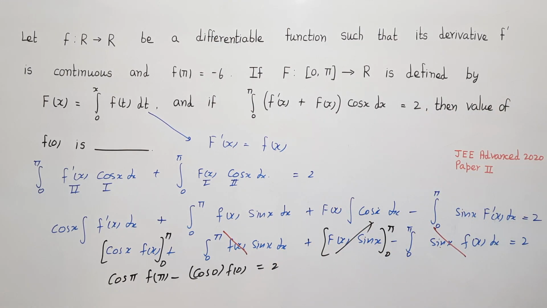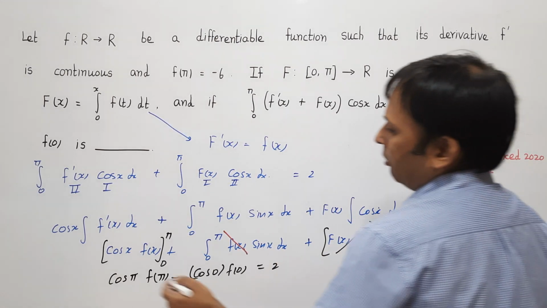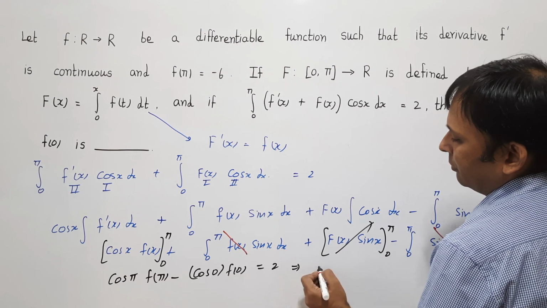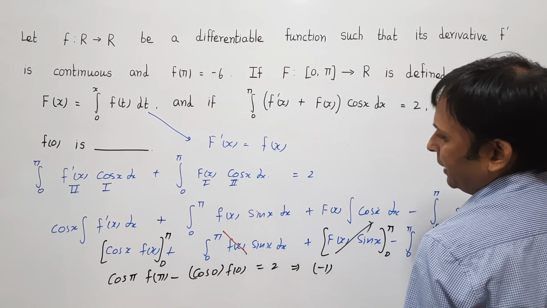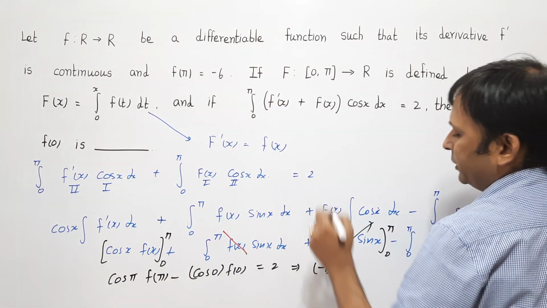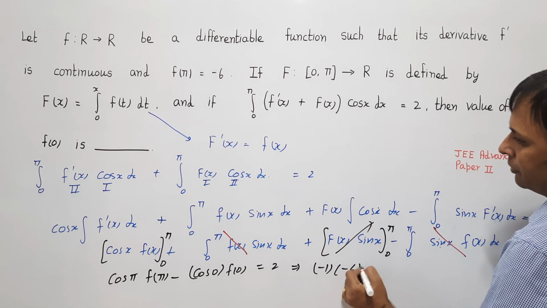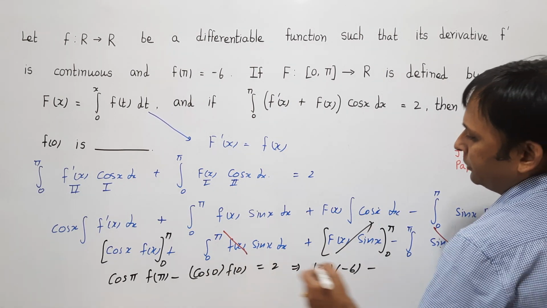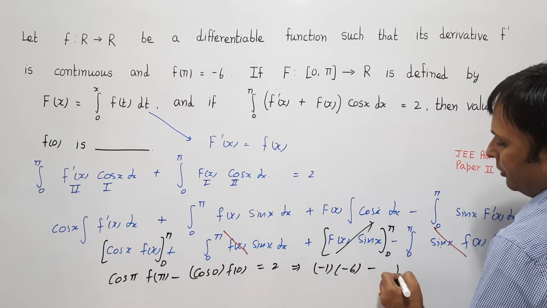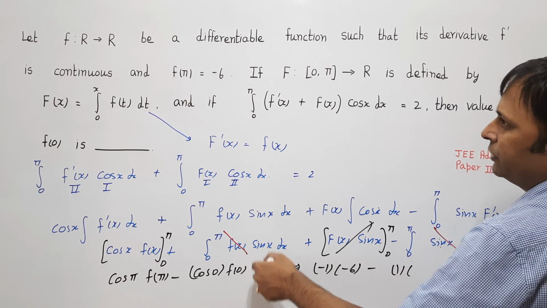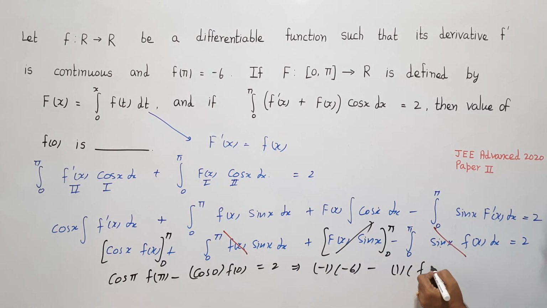Here cos of pi is minus 1 multiplied by f of pi, which is given in the question as minus 6, minus cos 0, which is 1, multiplied by f of 0, which we have to find out. I am writing it as f0 only. This is equal to 2.